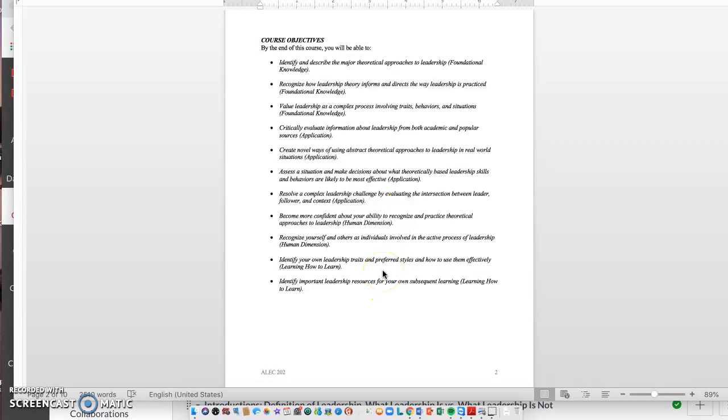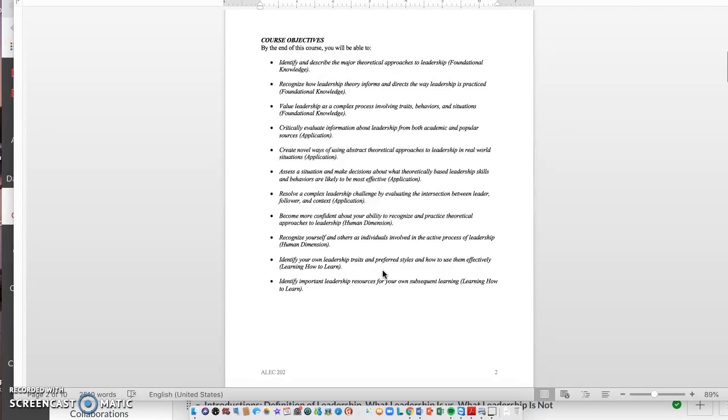So those are the key objectives, and our aim is that as a result of this class, you would not only understand some of the major theoretical approaches to leadership, but you would understand how to analyze human organizations and human systems of leadership and recognize the strengths and weaknesses and the kinds of leadership that they are practicing.